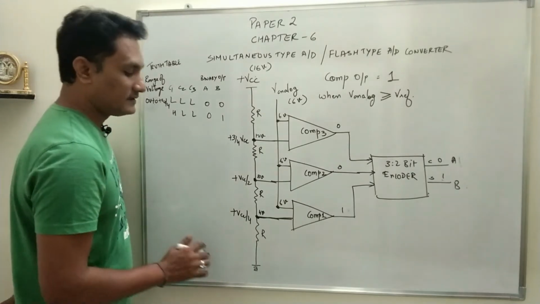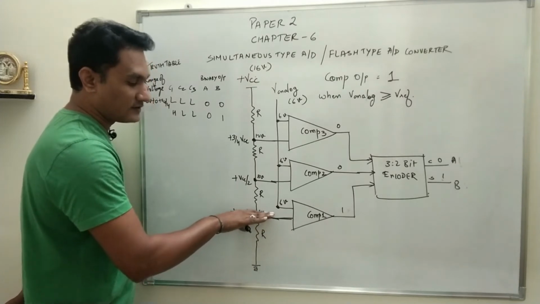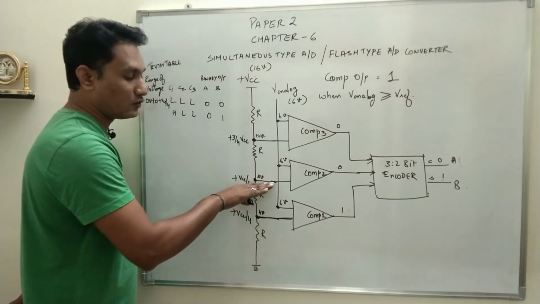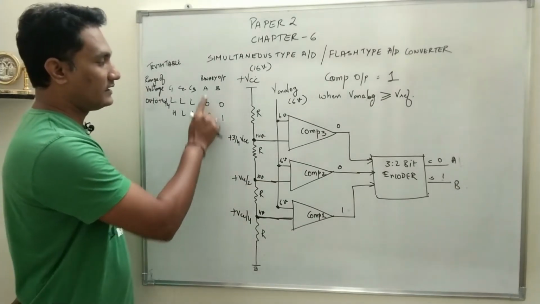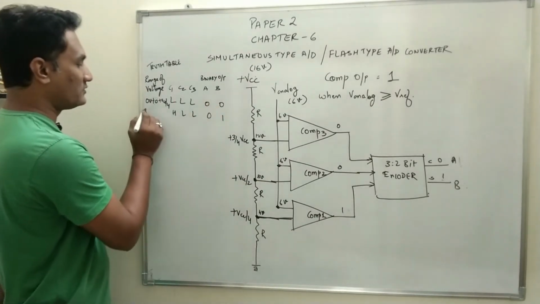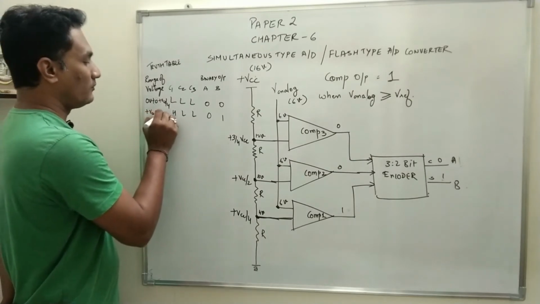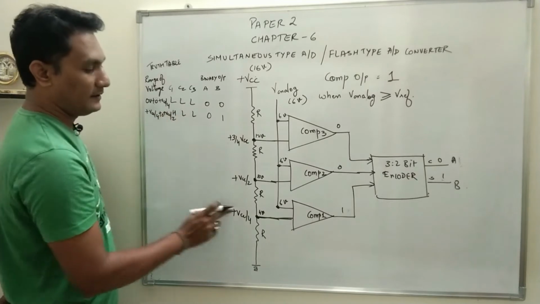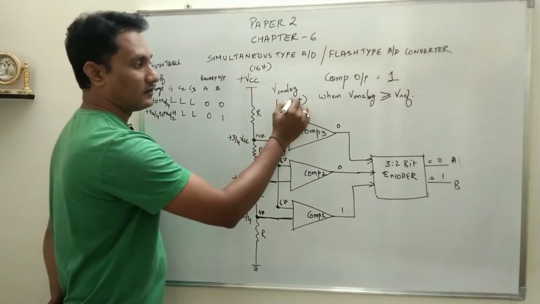So B will be 1 and A will be 0, right? So now what you can see is the analog voltage has crossed this limit, but it is yet to cross this point. That means the binary output which we will get, A is 0 and B is 1, the range of voltage will be plus VCC/4 to plus VCC/2.